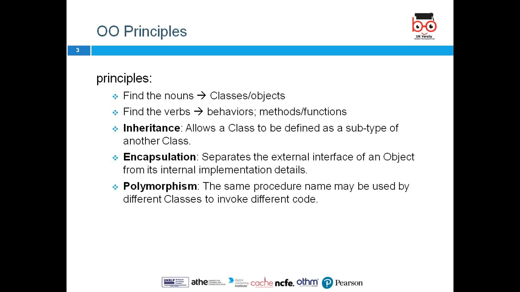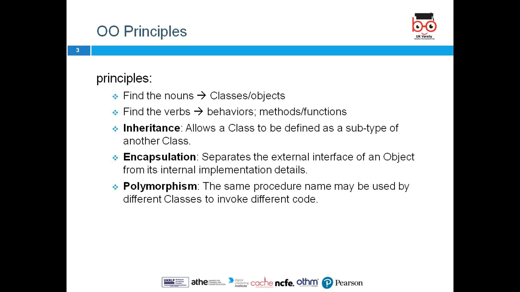Now, as I recommended, you would be able to understand more about object orientation if you go through the history. But let us formally see what the object-oriented principles are. As the name implies, everything is an object. A thing is normally a noun, and any action is basically a verb.